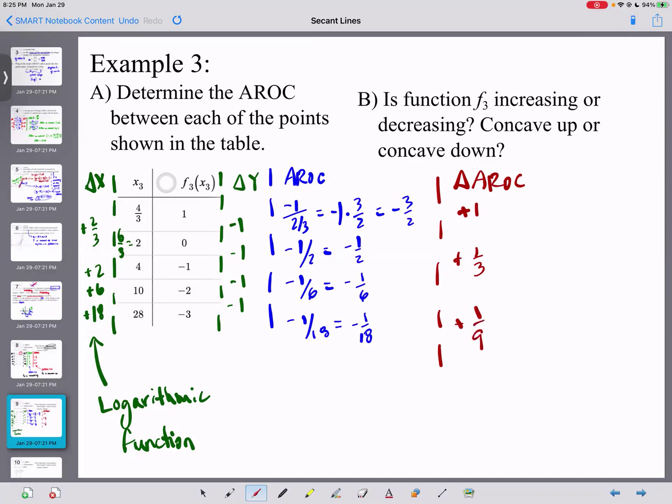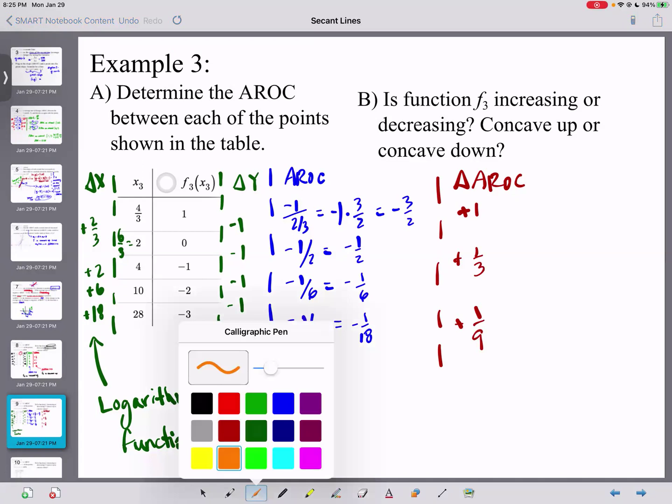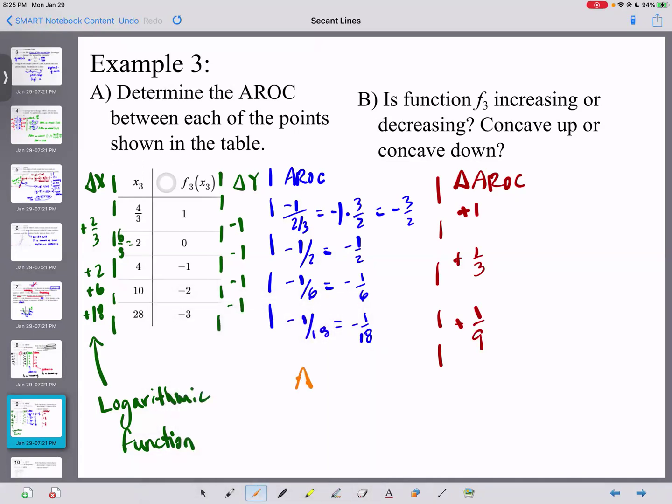So here's what I could determine on this one. This one's going to be a little harder. Let's put it together though. With this AROC, what I'm looking at is if it's positive or negative. All these AROCs are negative. So what does it mean about my function f3 if the AROC is negative?